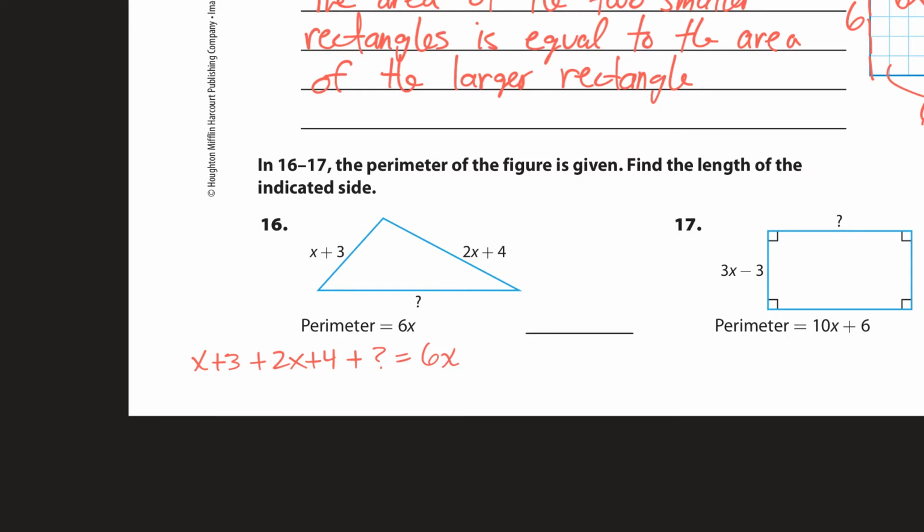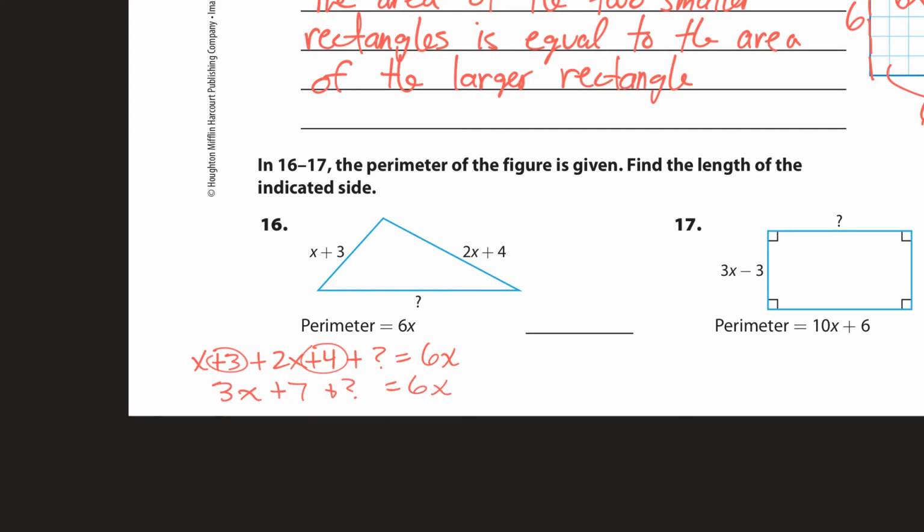Well, let's see. If I add up my like terms here, 1x and 2x, I have 3x altogether. So this is 3x, and then 3 plus 4 is 7, plus something else is equal to 6x. What else do I need to add to this and this? Well, if I go from 3x to 6x, I need 3 more x's.